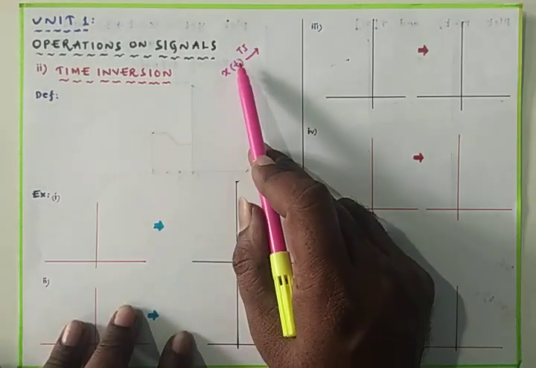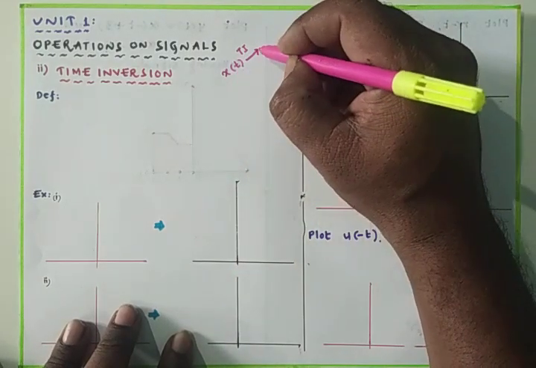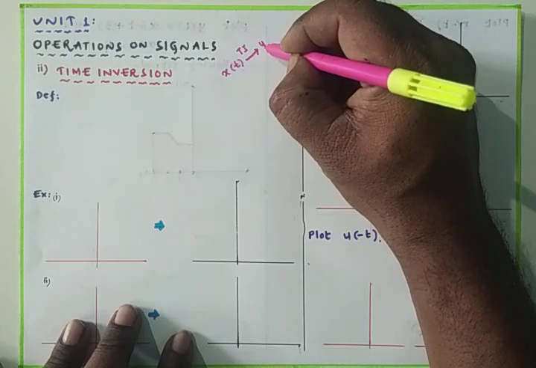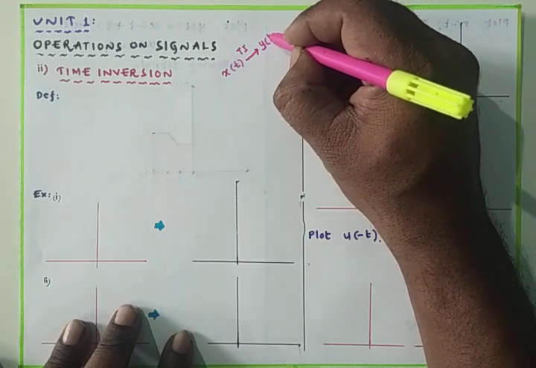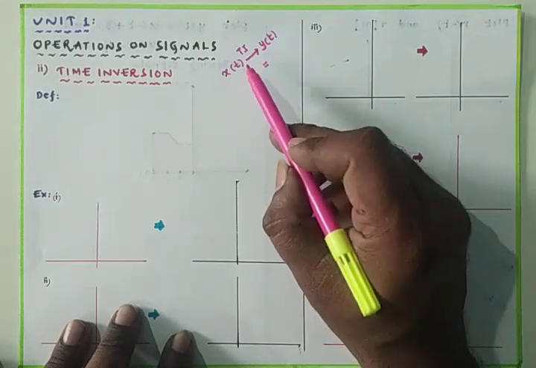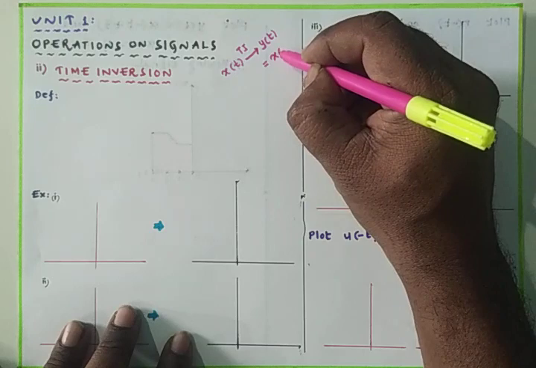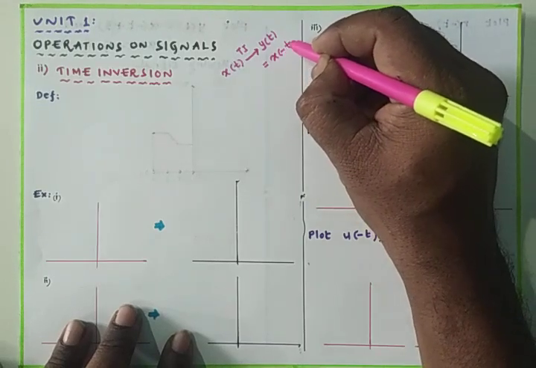When we apply the time inversion operation on the continuous time signal, we can call the new signal y of t, without changing its characteristics. This y of t is simply obtained by replacing t with minus t, so it is x of minus t.